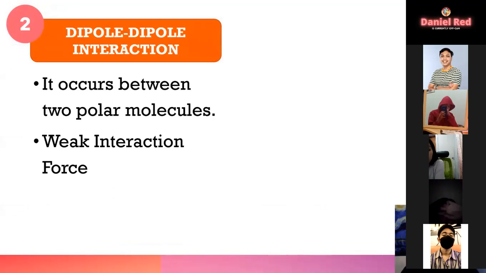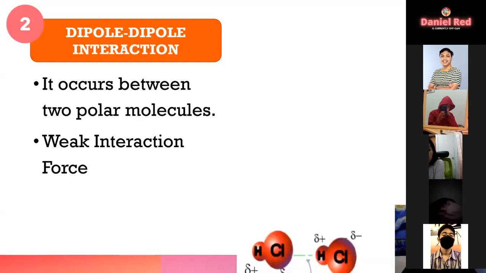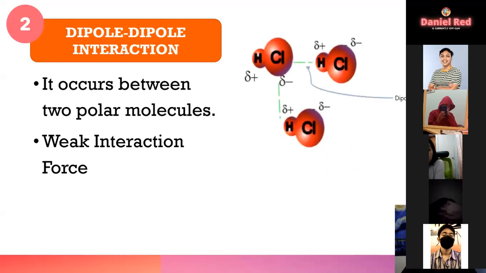Compared to the ion-ion interaction, dipole-dipole interaction is weaker in force. Here is an example illustration for hydrochloric acid, showing a dipole-dipole interaction.